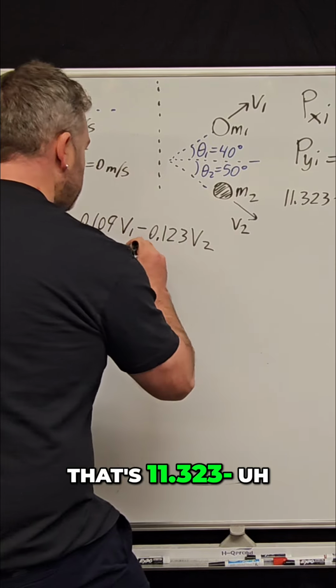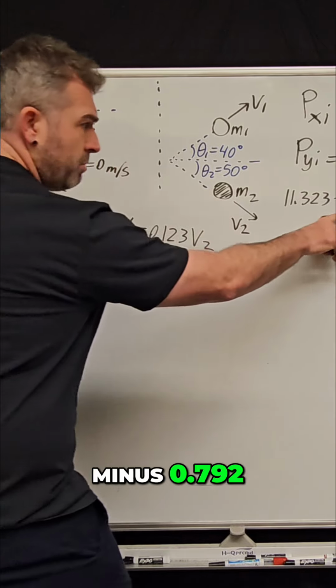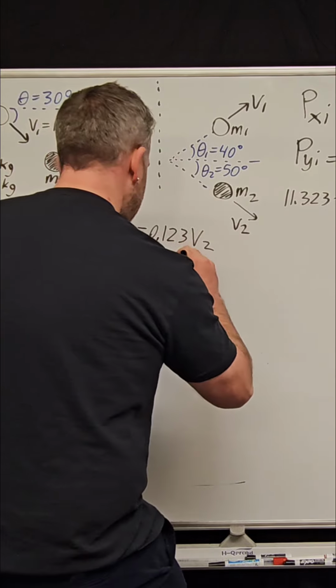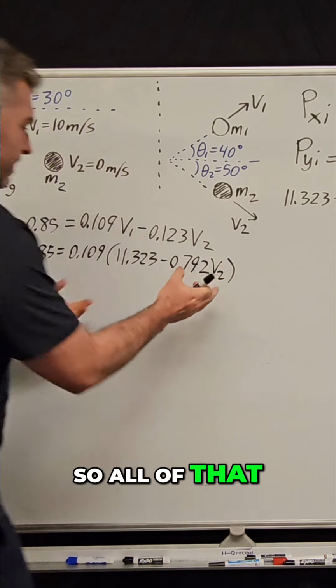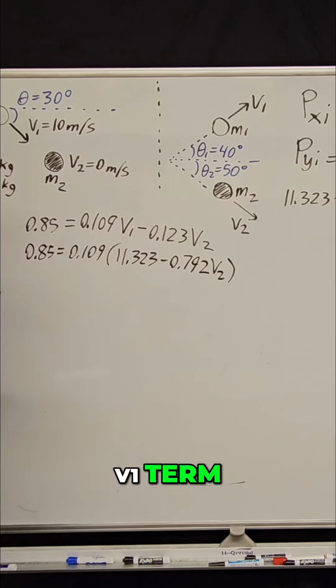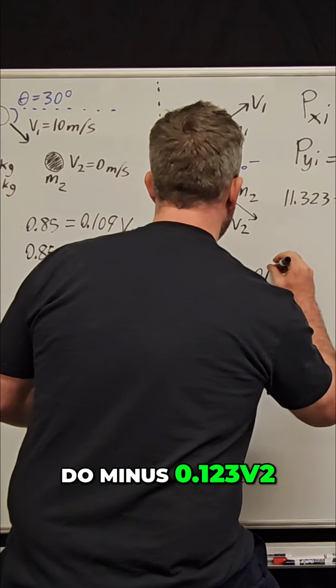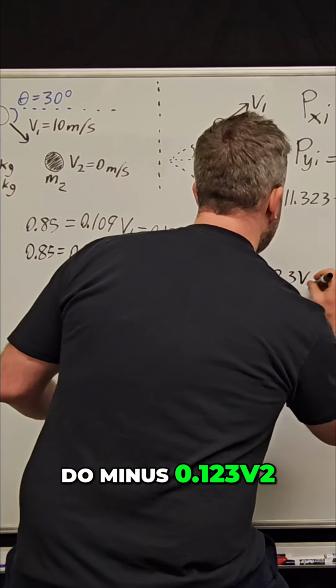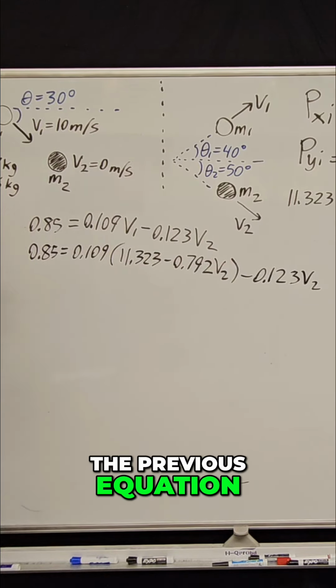That's 11.323 minus 0.792 times V2. So all of that is equivalent to this V1 term. And then I'm going to do minus 0.123 V2. And that completes the expression. I've now substituted the previous equation into the new equation.